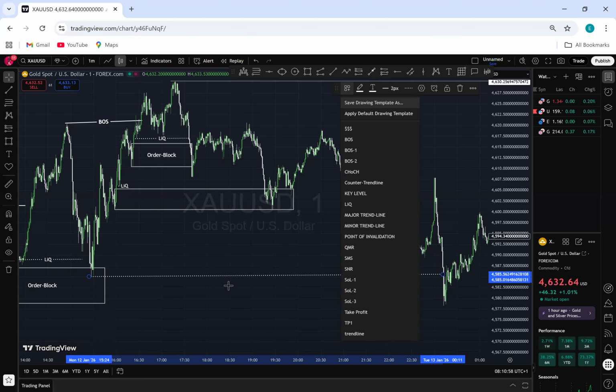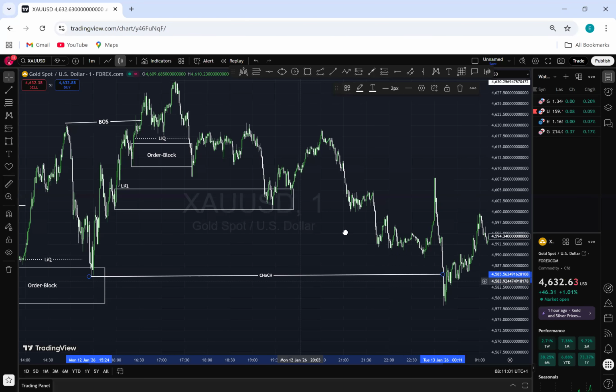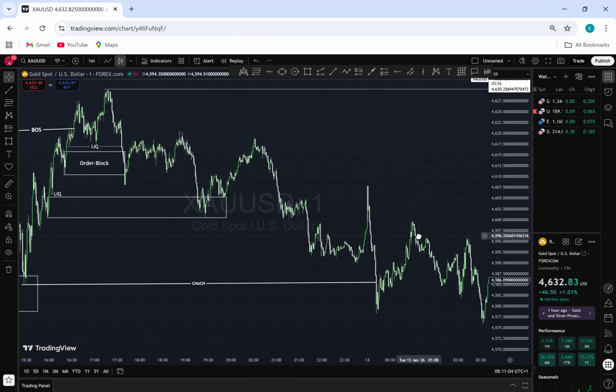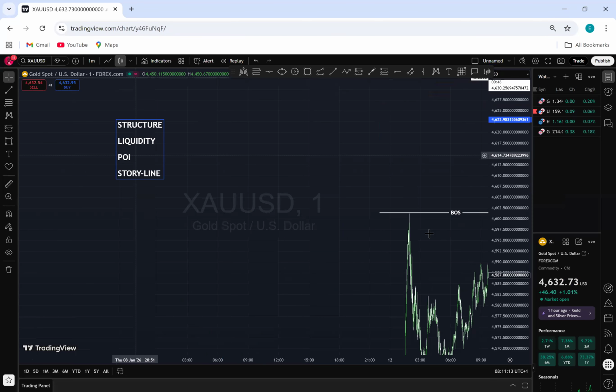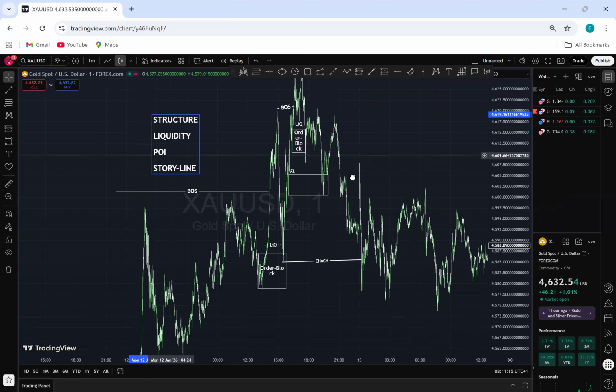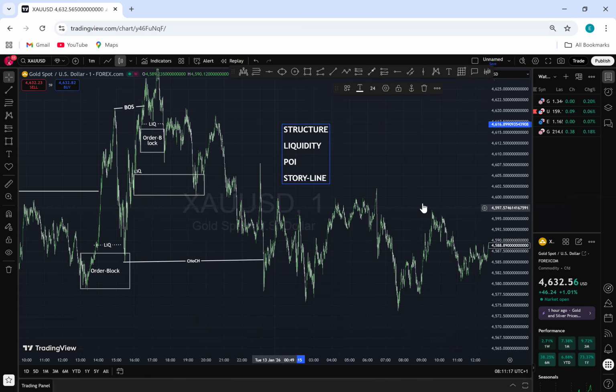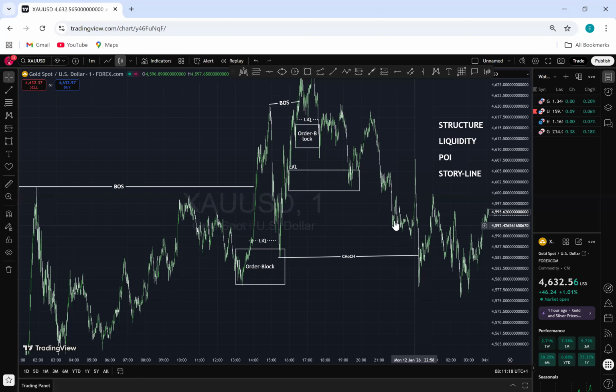So this is where our change of character happened. So from here now we have price. So you know the drill, structure. Let me copy that guy. Okay, you know the drill. It is structure.